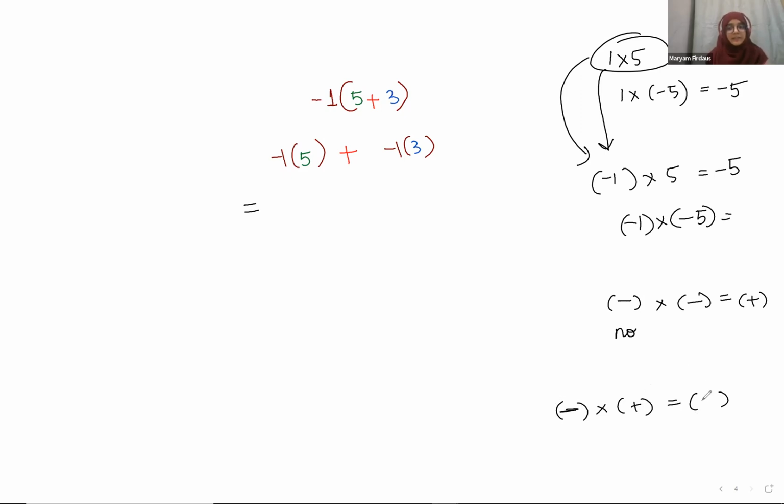Why is it negative? I'm just giving you an example, a trick for remembering it: if you have a negative word, let's say no, and a positive word, just give me any positive word.